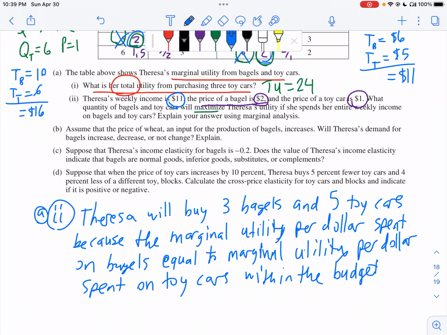Okay? That's all we're doing. Yeah, that is the explanation using marginal analysis. You're using the marginal utility per dollar spent on bagels equal to the marginal utility per dollar spent on toy cars. That's what we're doing.